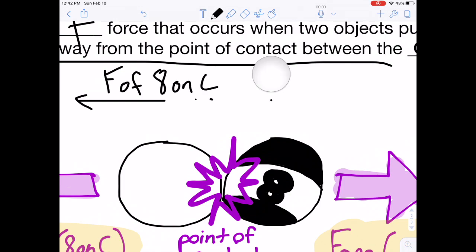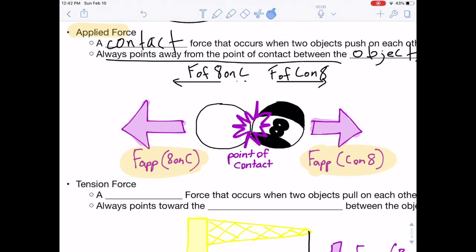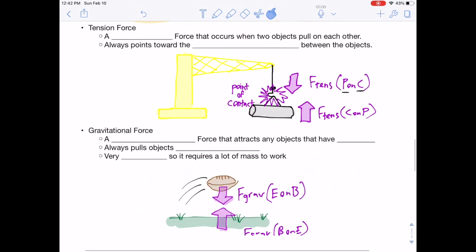And there's also the same force, because forces come in a pair, of the cue ball on the 8-ball. Pretty straightforward, the applied force is. I said that like Yoda, didn't mean to.